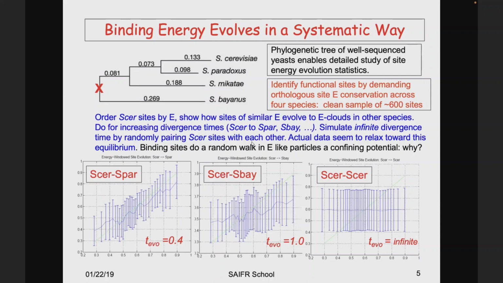I took all the binding sites, and I'm saying these individual binding sites, as evolutionary time goes on, will actually do a random walk in energy. And if I let this random walk go on forever, then the relationship between gene, or binding site, sorry, and its orthologous partner, is going to be completely scrambled, all right? So this is notional. We're not there quite yet, okay?